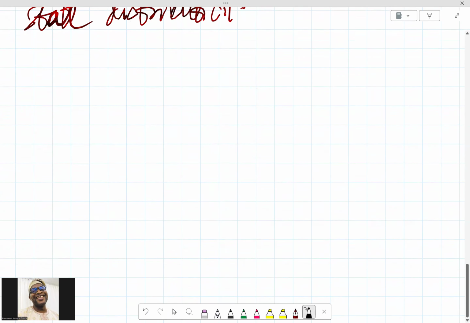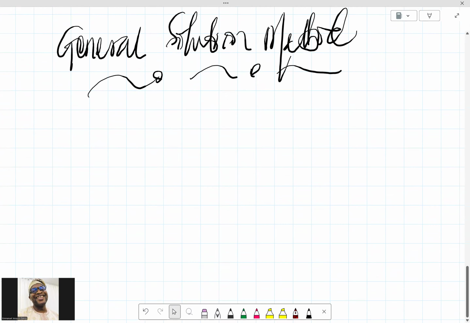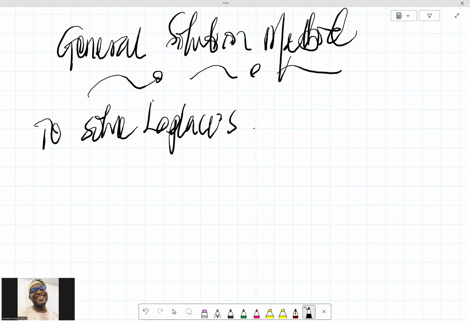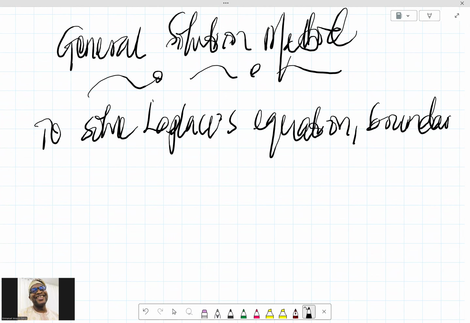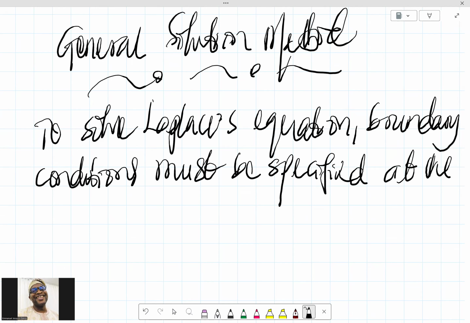Now let's talk about the general solution method. Of course, we know already, which we have done in previous videos, that to solve Laplace equation, the boundary conditions must be specified at the domain's boundaries.